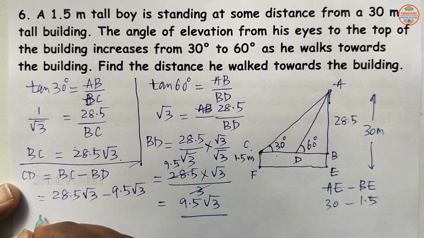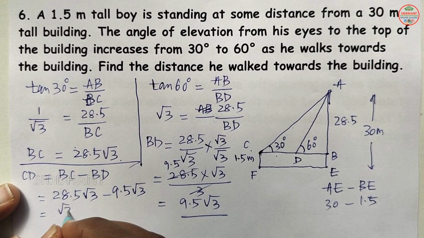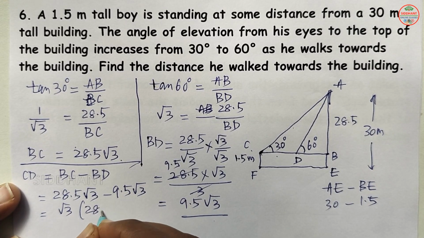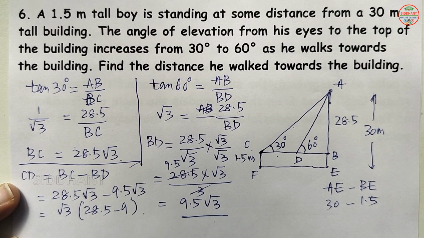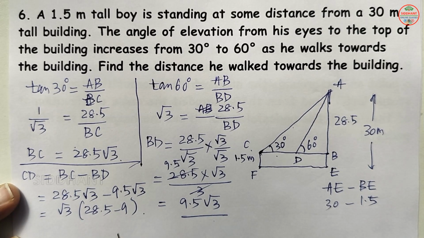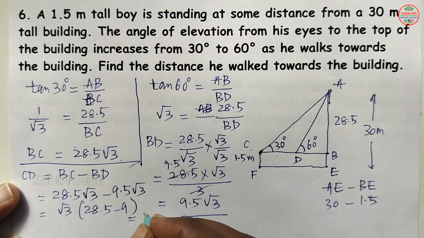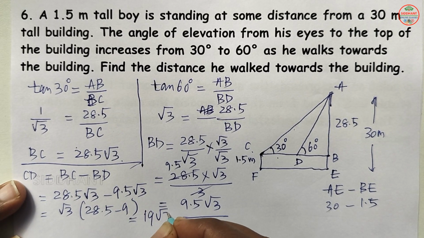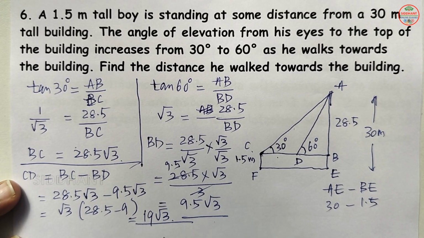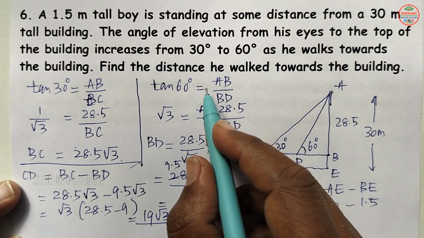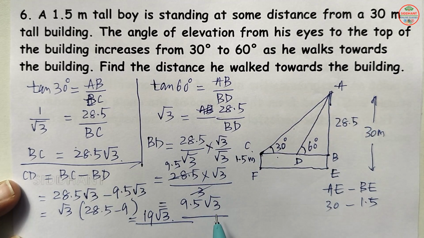Taking root 3 common here, we get 28.5 minus 9.5, which gives here 19 root 3. So the CD distance is 19 root 3. That means the distance he walked towards the building is 19 root 3 meters here.